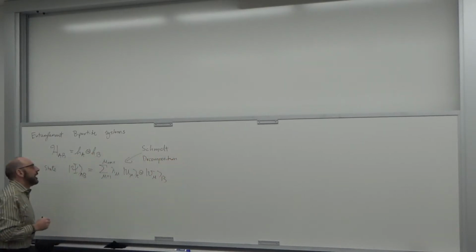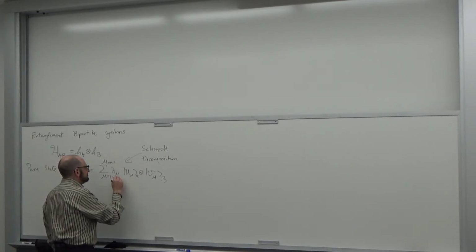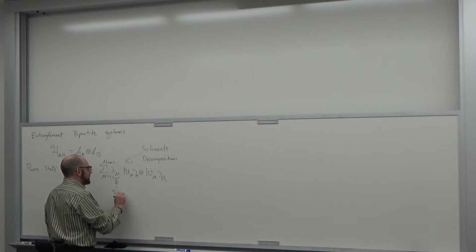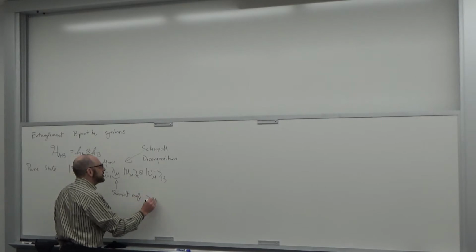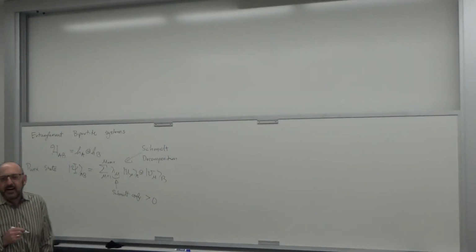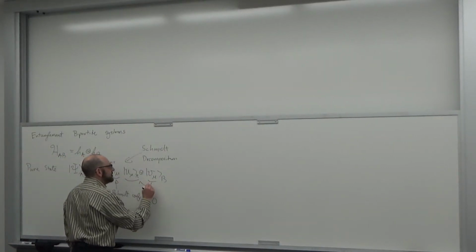Okay. And these are so-called Schmidt coefficients. They are positive numbers. Well, they're actually positive, that's 0. And these are the Schmidt vectors.